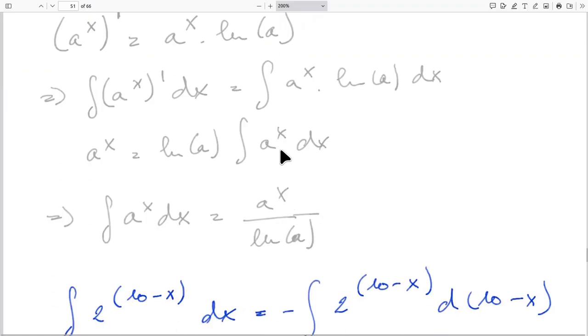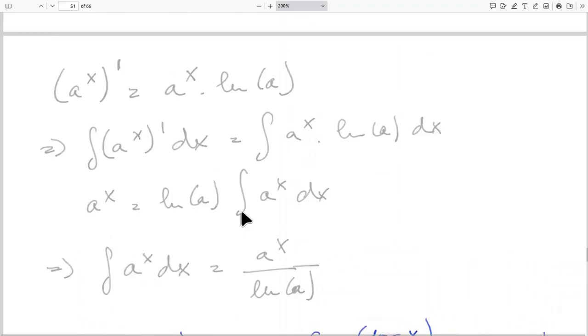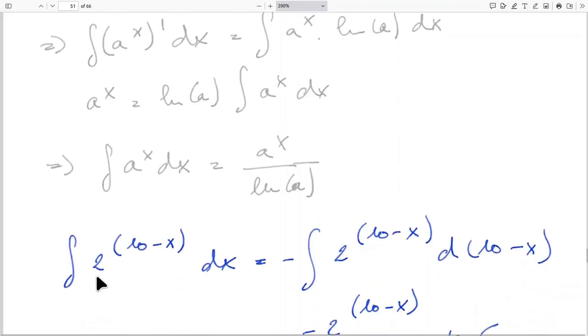So the integral of a to the power of x dx is a to the power of x divided by ln a.